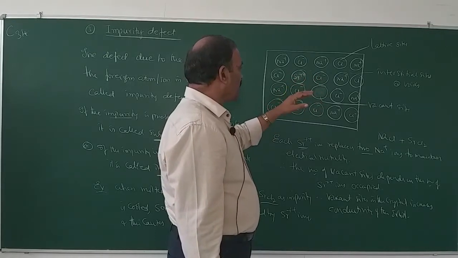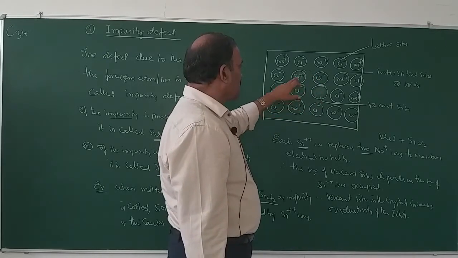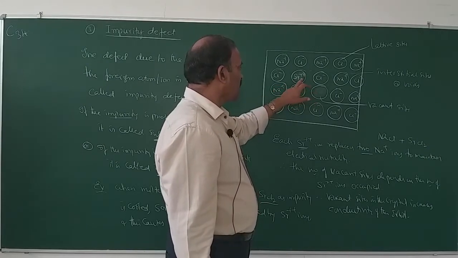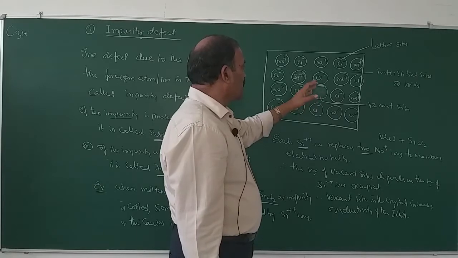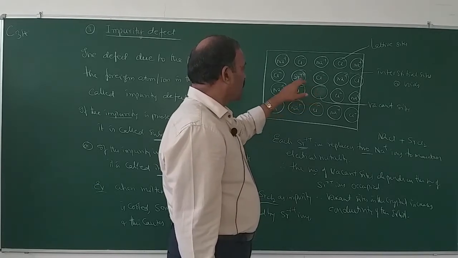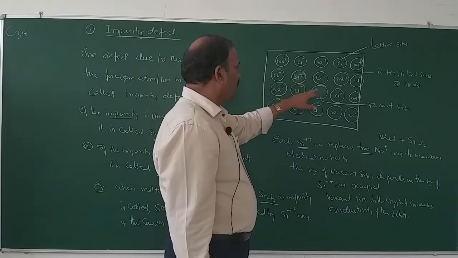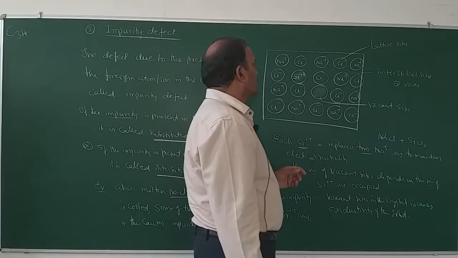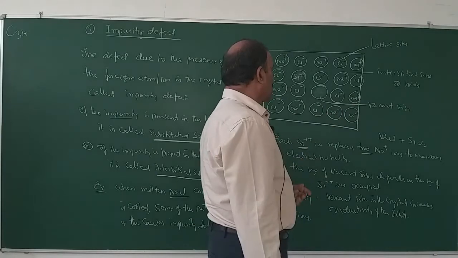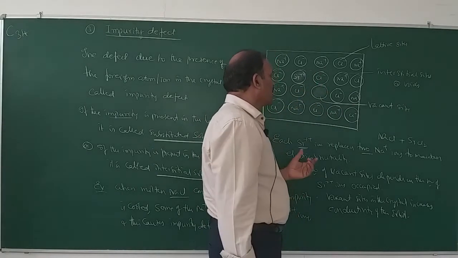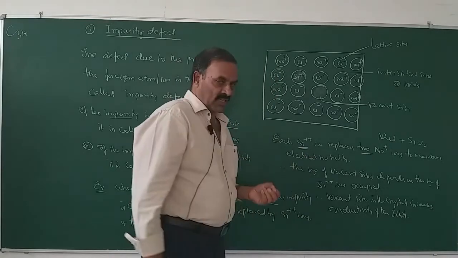Out of the 2 vacant sites, one is occupied by the strontium ion and the other site becomes vacant. So, the presence of vacant sites in the crystal increases electrical conductivity.